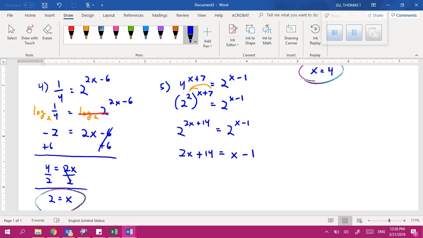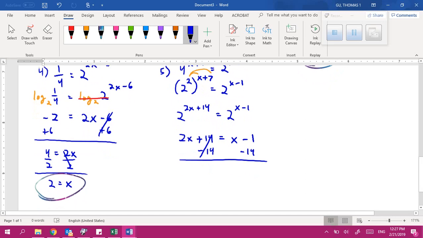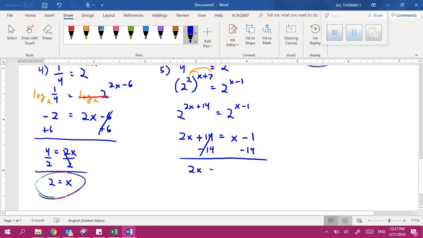And now we can just solve for x, right? So what would we do to solve for x here? Subtract 14. If I subtract 14 from both sides, what am I left with? Right, and then not divide the x.